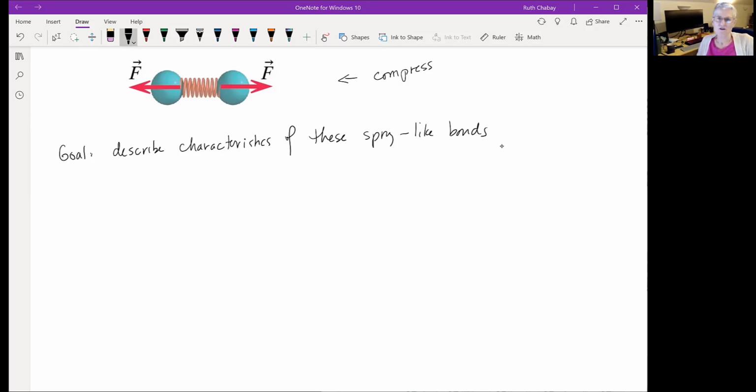And in particular, since we're going to model them as springs, we should be able to get a spring stiffness for a chemical bond. So that's our goal.